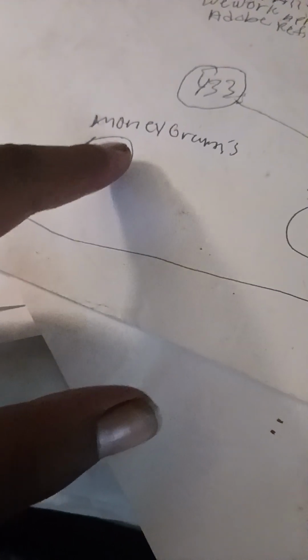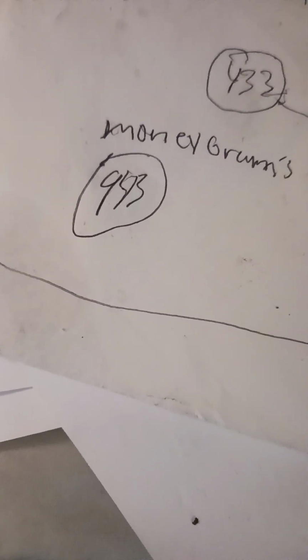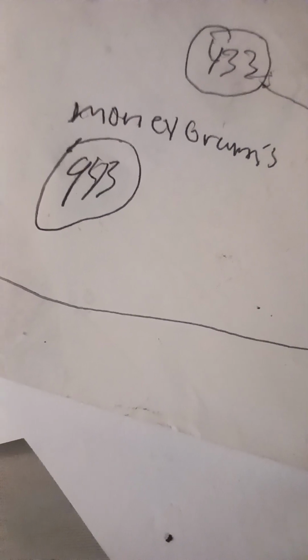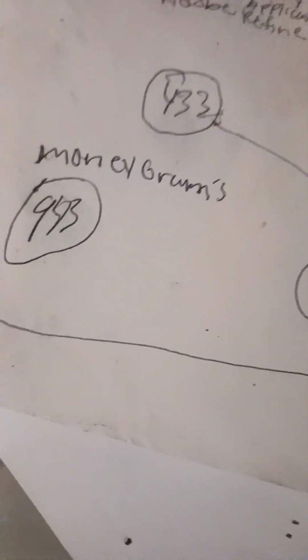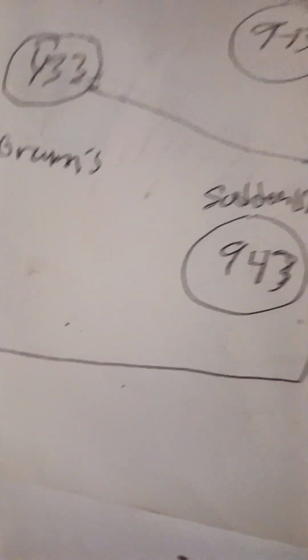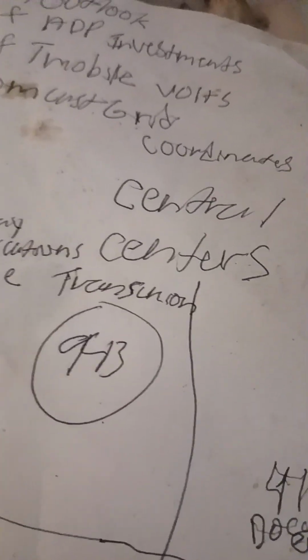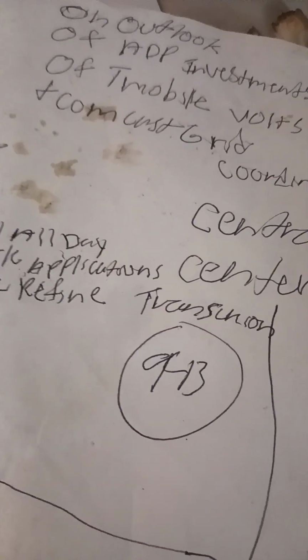So as being able to look at what you see there, and being able to look at the coordinate number, and be able to intensify the Google Fi moments that happen in the building sites. So that's pretty much working with Outlook, ADP, T-Mobile, Comcast, Grid. You're working with those details to promote more for that detail.